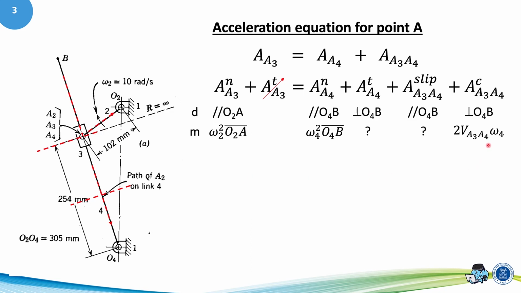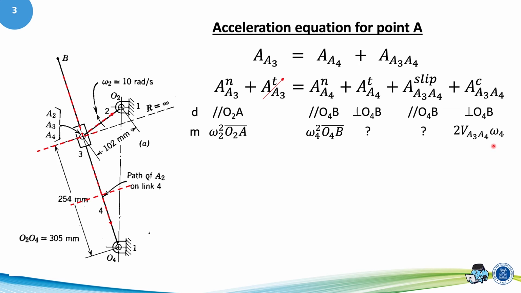You can see this subscript should be the same as this subscript. If it is a 4, this one is also 4. So the magnitude of the Coriolis acceleration is 2 VA3A4 times omega 4.